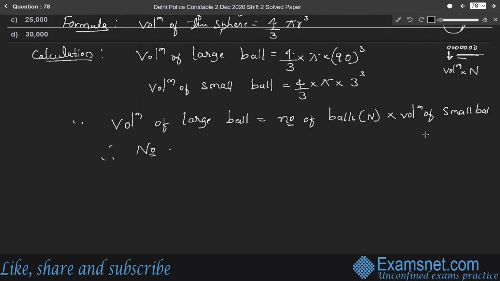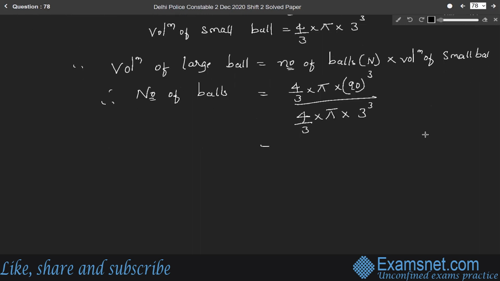Therefore, number of balls is equal to volume of large ball divided by volume of small ball, right? Volume of large ball is 4 by 3 into pi into 90 cube divided by volume of small ball is 4 by 3 into pi into 3 cube. So 4 by 3, 4 by 3 and pi will get cancelled.